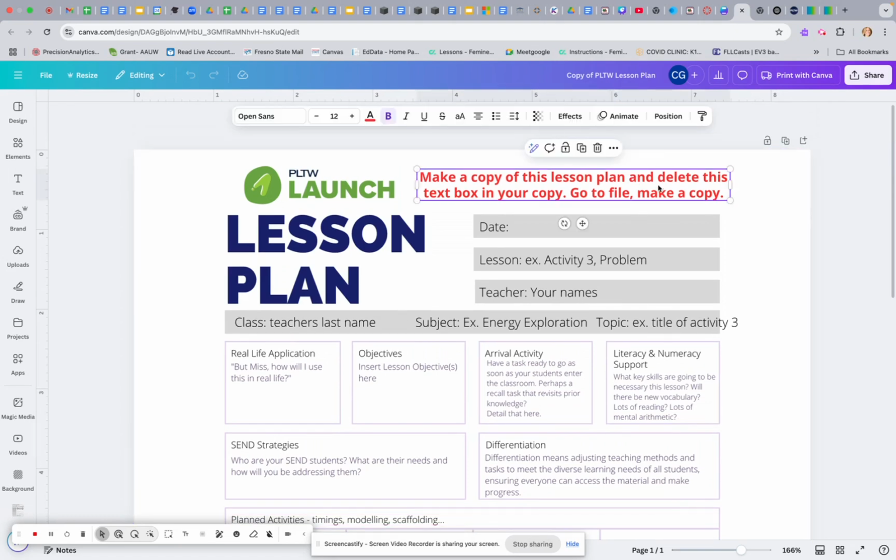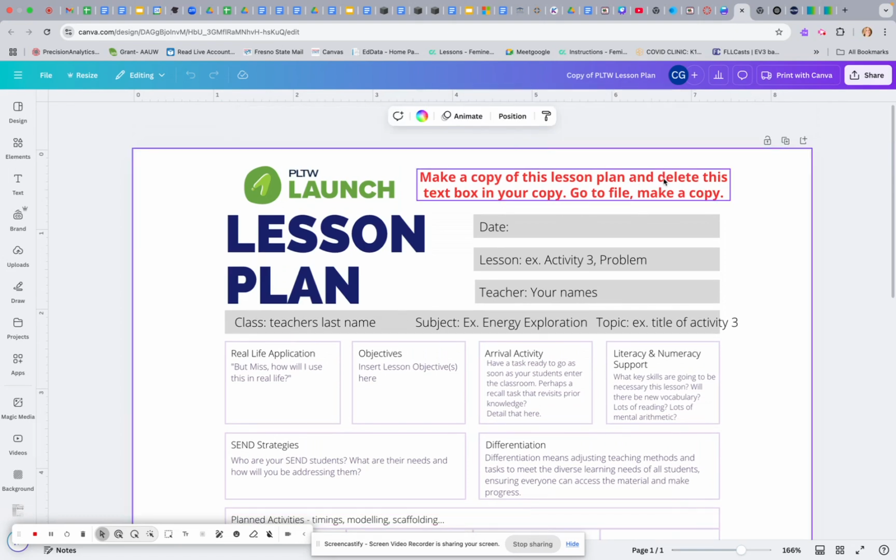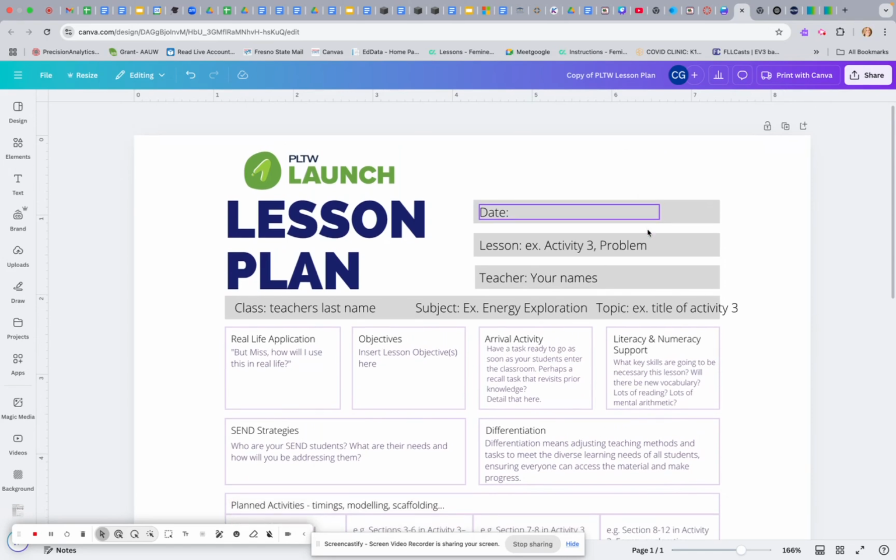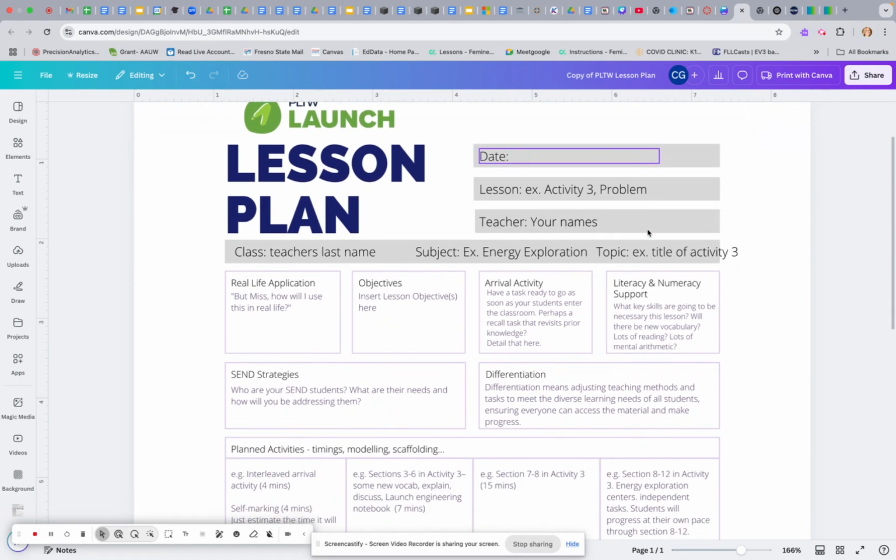Once you get in, you're going to delete this. Get rid of that. We are planning for this lesson plan to be on March 12th. So you'll have some time to fill this out, but the Wednesday before March 12th will let you know where you've left off in your lesson previously.